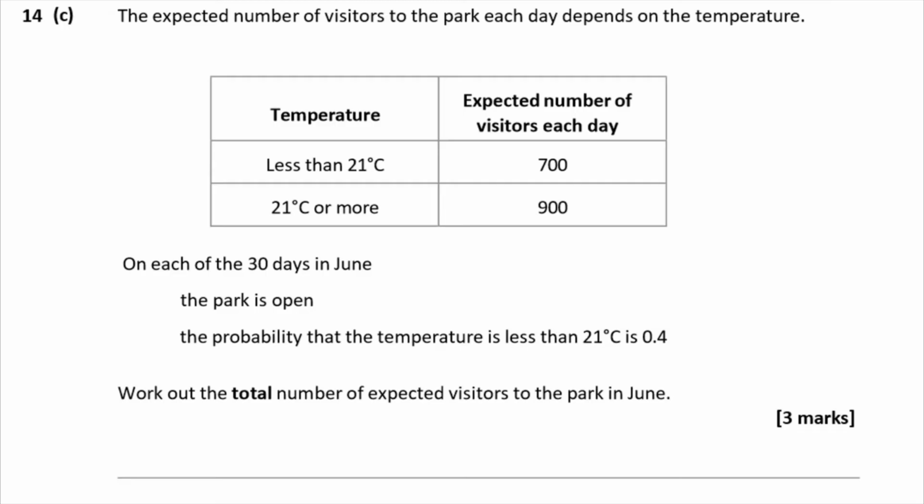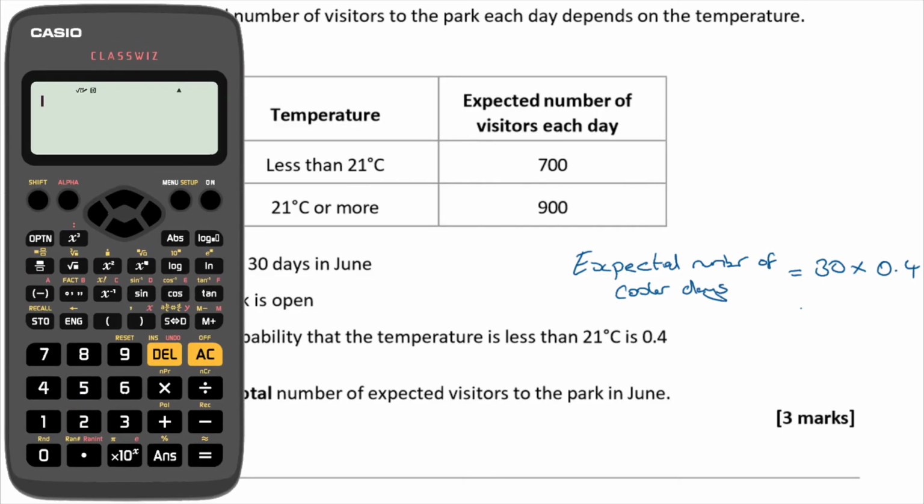So we can use expectation here, can't we? The expected number of cooler days is going to be the number of days, 30, times the probability of success. It's 0.4, isn't it? So what's 30 times 0.4?